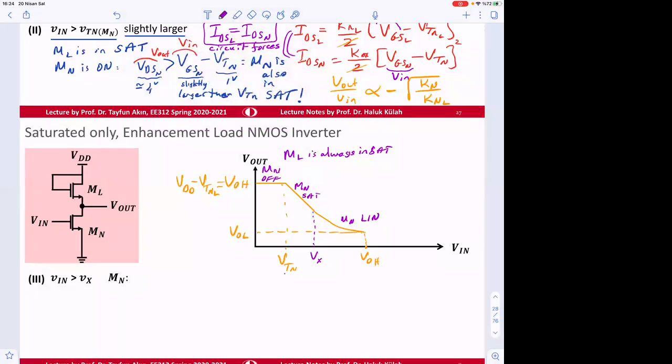So we can call this one V input low now, because that's the corner point. And when the slope becomes -1 here, maybe I should do this more properly, this will be called V input high.